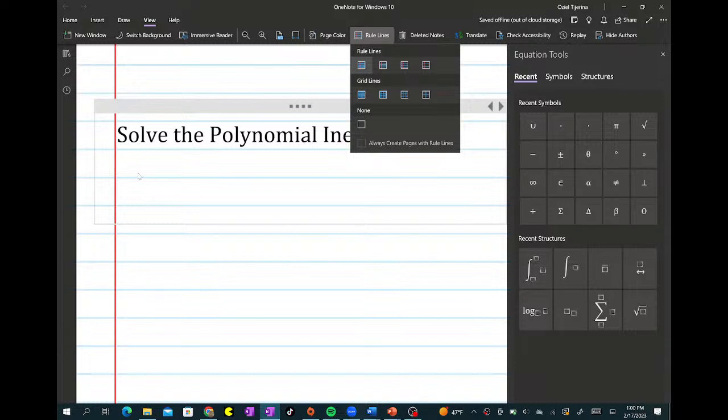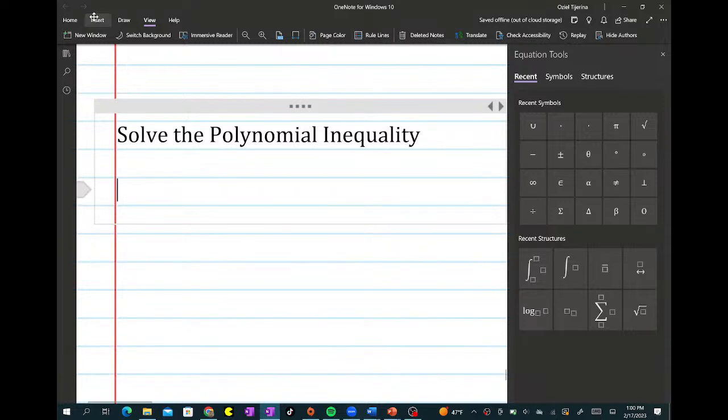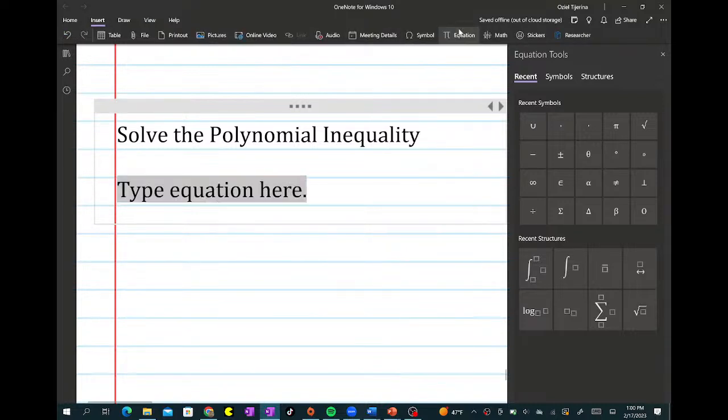So let me do it this way. Solve the polynomial inequality, and this is obviously going to be factored. So x minus 3 times x plus 1 times x minus 6 is greater than 0.